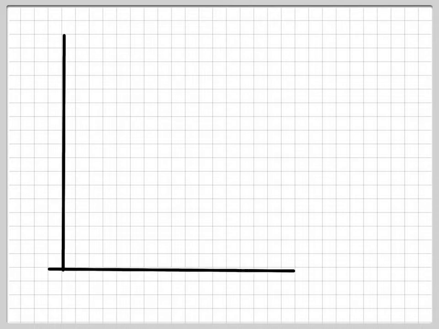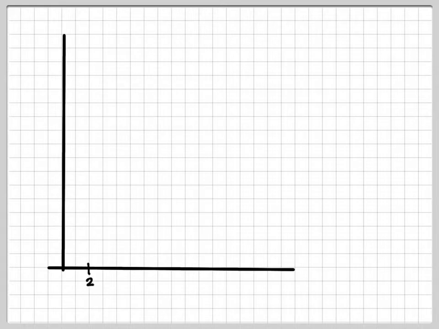So if you want to just watch what's going on and then fill it in on some graph paper later, I totally get that. If you want to try and create it on your own, you're welcome to do that as well. So we're going to have, just like on the line graphs, our time along the bottom. So those are going to be my years. So I have 2002.